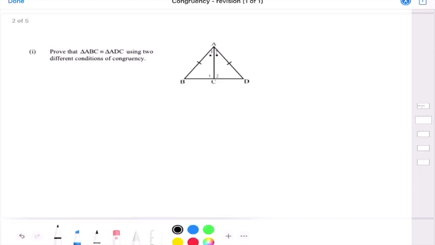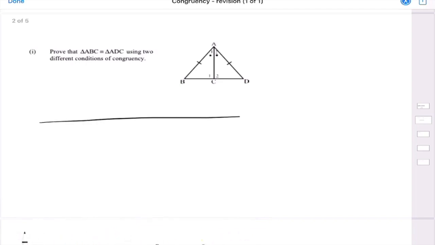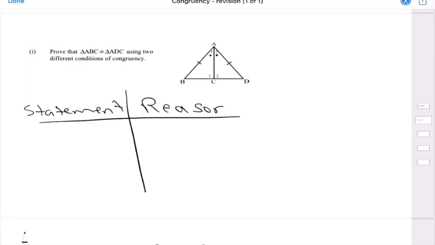Right. So first of all, remember the method. We need to give a statement, and each statement should be supported by a reason. So let's give our statements in this column and our reasons in this column.